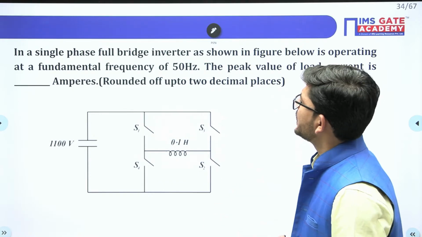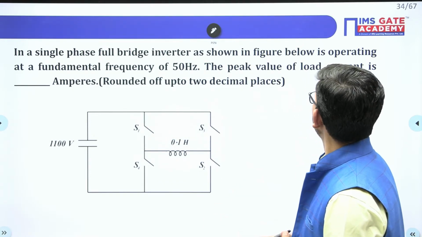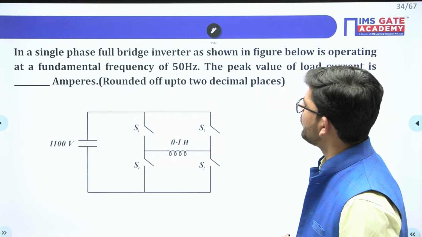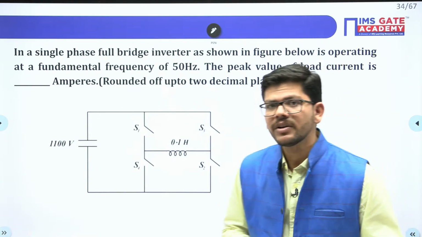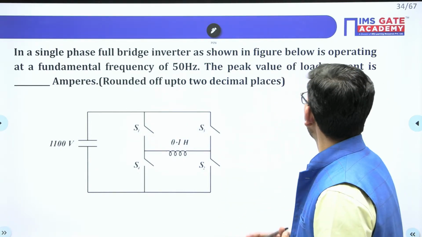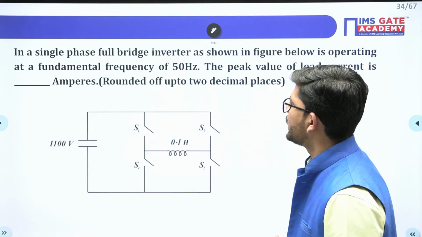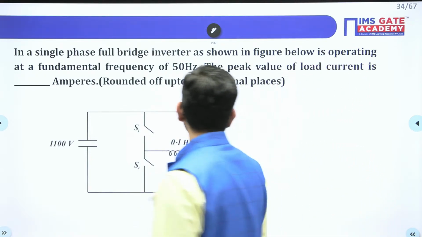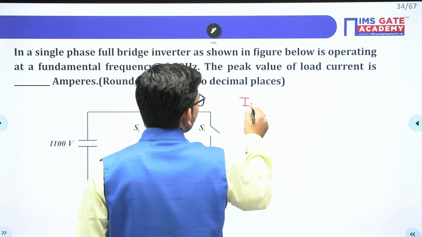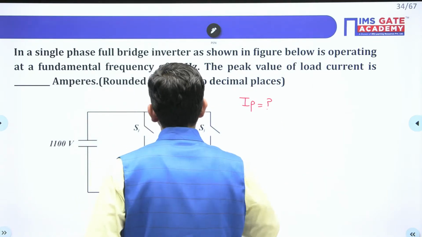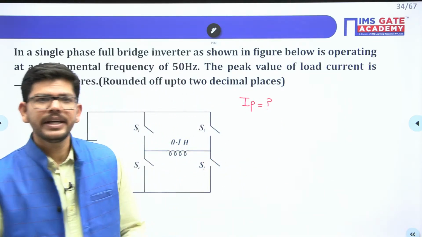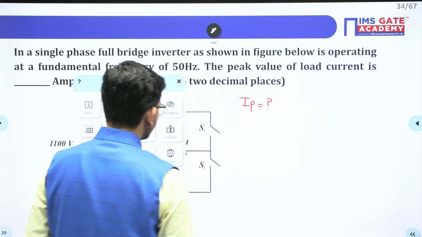A single phase full bridge inverter, as shown in the figure below, is operating at a fundamental frequency of 50 Hz. Okay. The peak value of load current is blank amperes. Guys, we have to calculate the peak value of load current, and your time starts now.